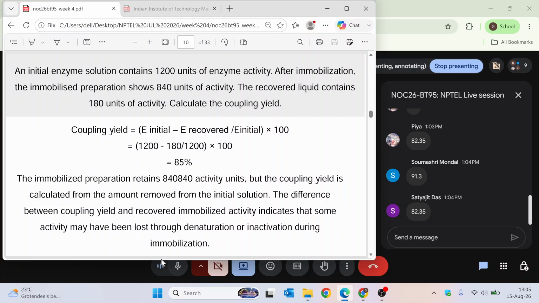So the coupling yield is calculated from how much of the enzyme is removed from the initial solution, right? So the difference between... Can you also calculate the activity yield?